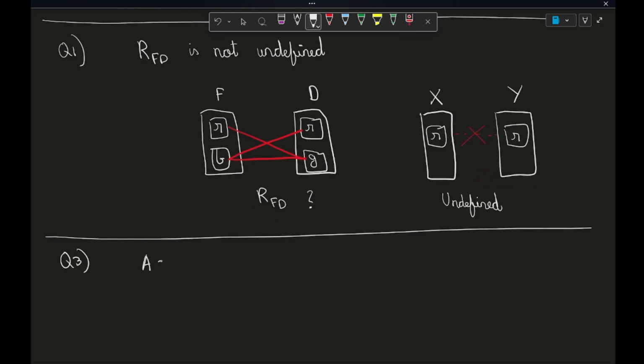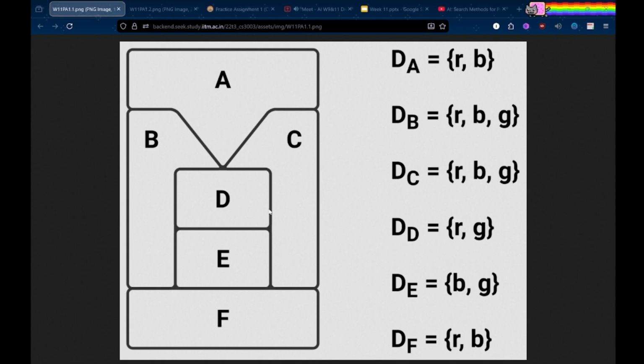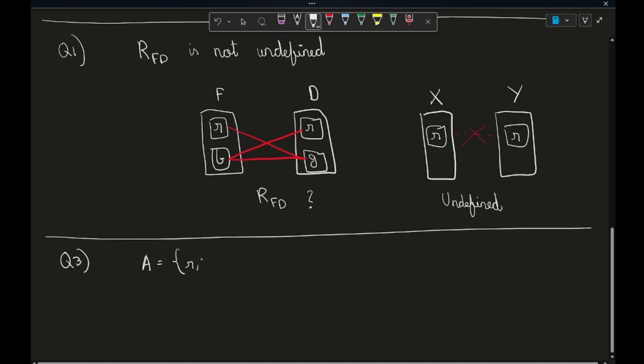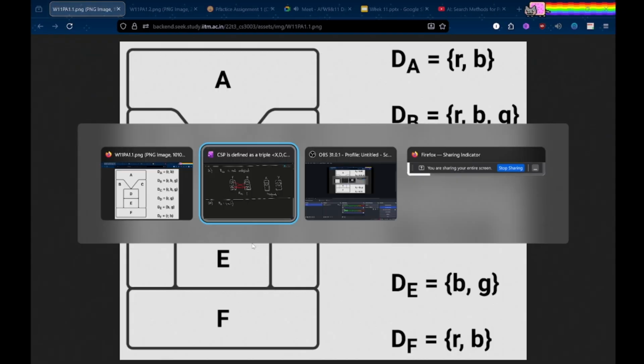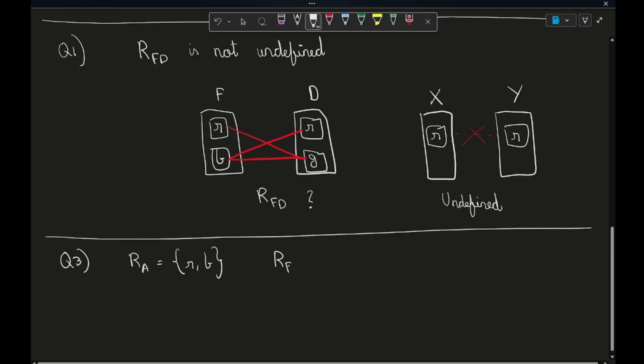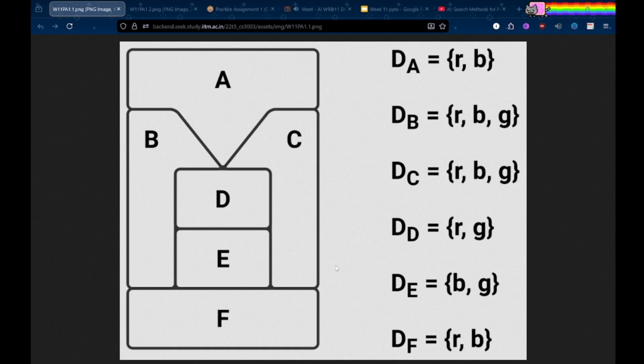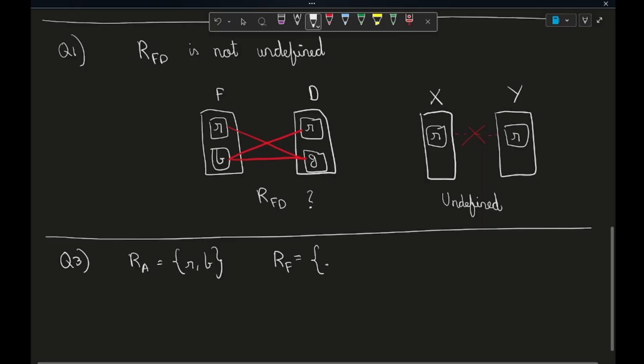So A is R and B, domain A. RA is this and RF. RF is RB, correct? And now we try to, sorry, why am I writing RD? It should be D, domain.